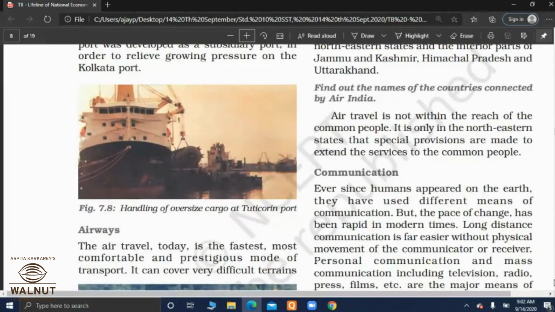Okay, find out the names of the countries connected by Air India. So all the countries you need to find out. This can also come as an objective question. Air travel is not within the reach of the common people. It is only in the northeast states that special provisions are made to extend the services to the common people.